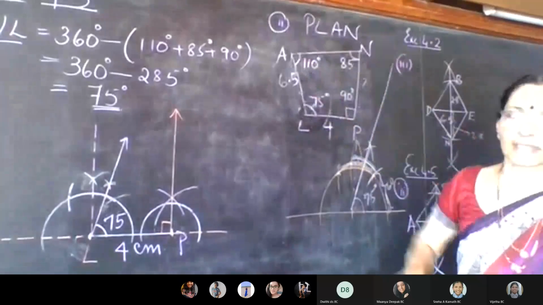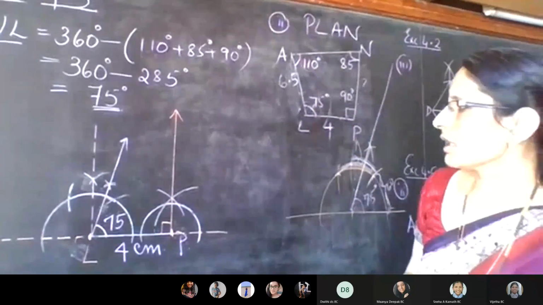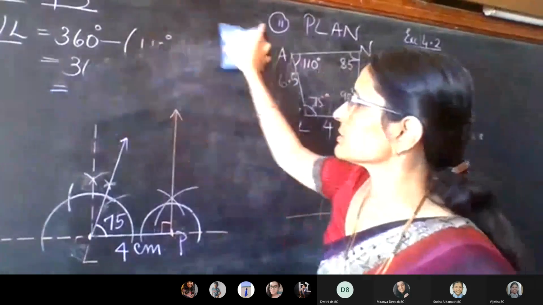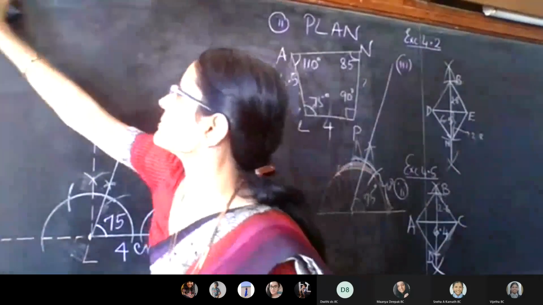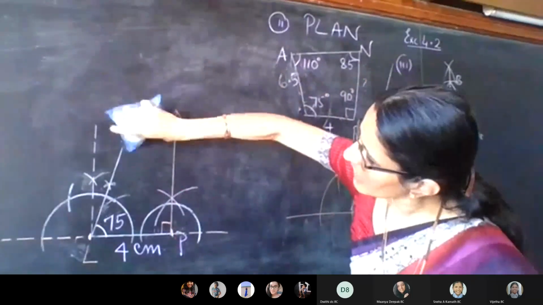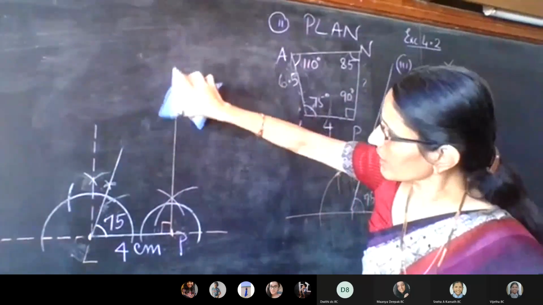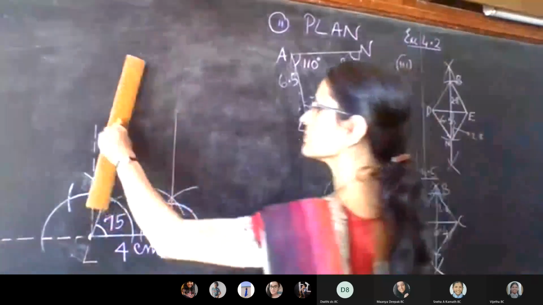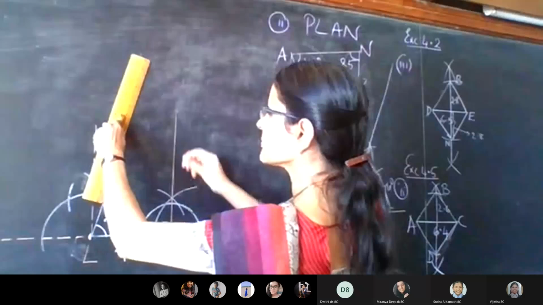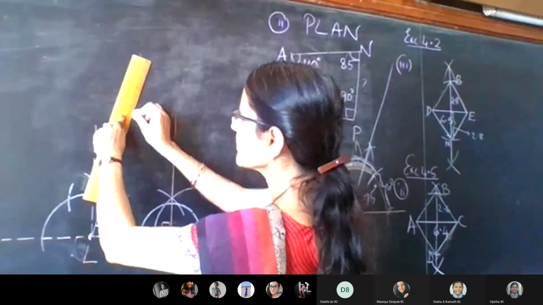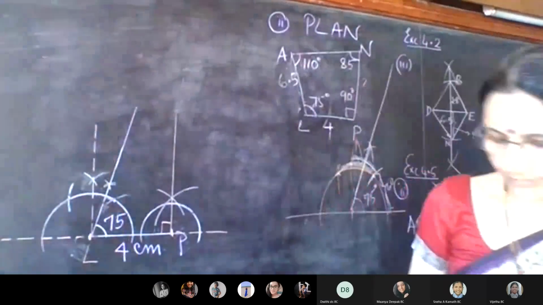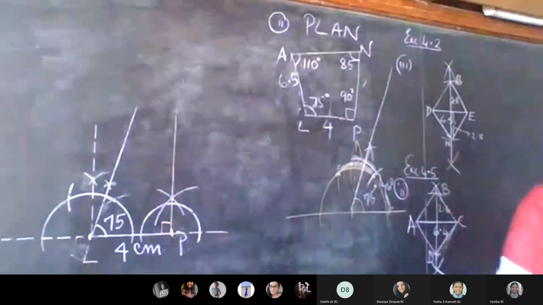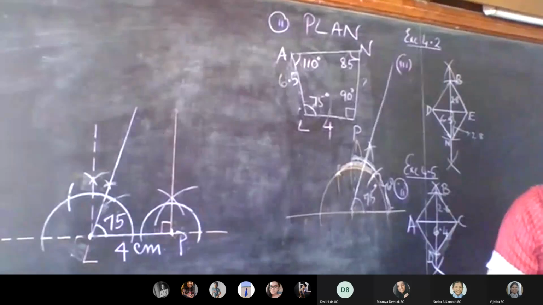So I should cut 6.5 and 10. The 75-degree angle line should be continued. This length is not enough, so I will extend it. So measure 6.5 in the compass.